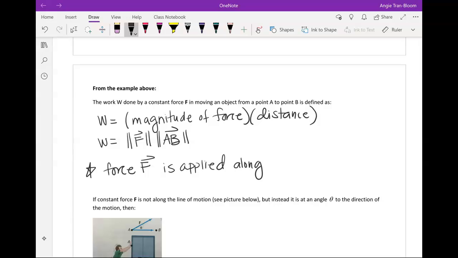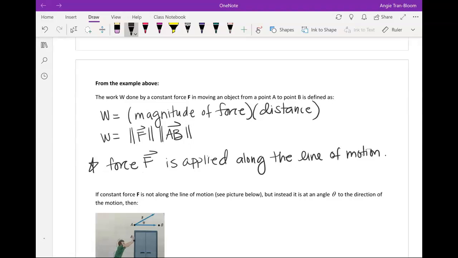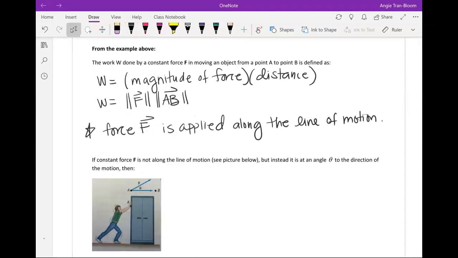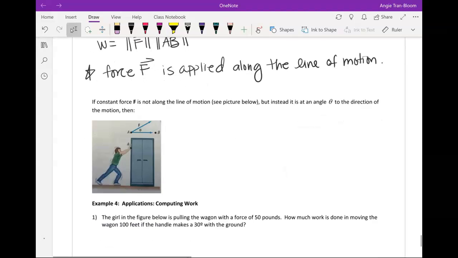This formula is only for horizontal, which is the force that's applying along the line of motion.